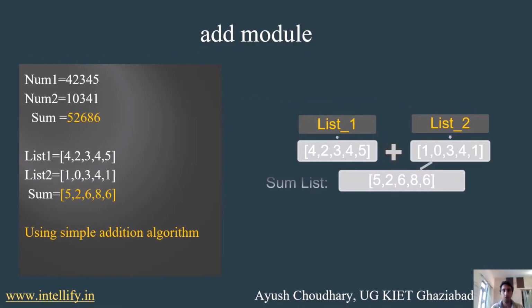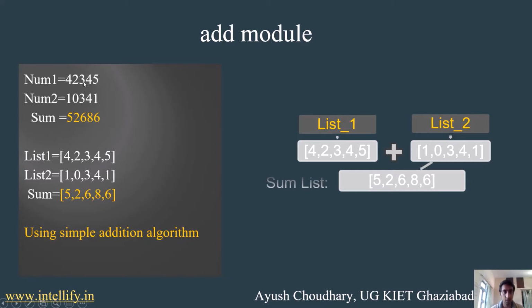First, in the addition module, we have the number 1 4 2 3 4 5 and the number 2 1 0 3 4 1. As you can see here, we do just as in our notebook: 5 plus 1 is 6, 4 plus 4 is 8, 3 plus 3 is 6, 2 plus 0 is 2, 4 plus 1 is 5.